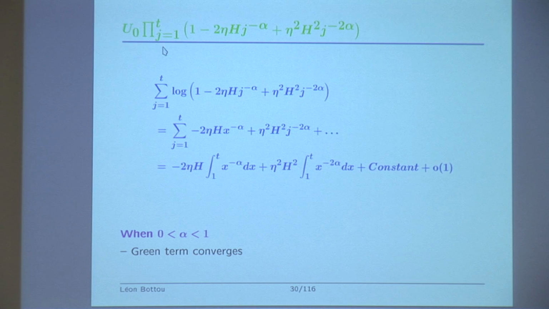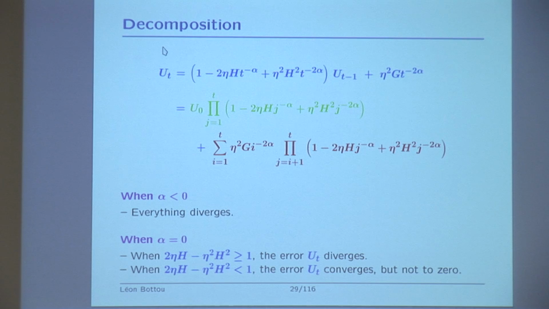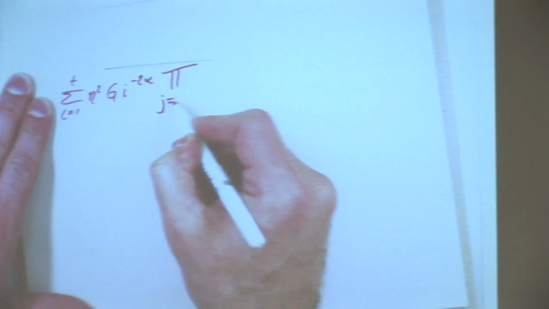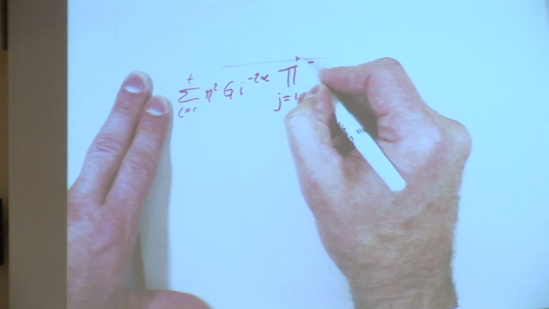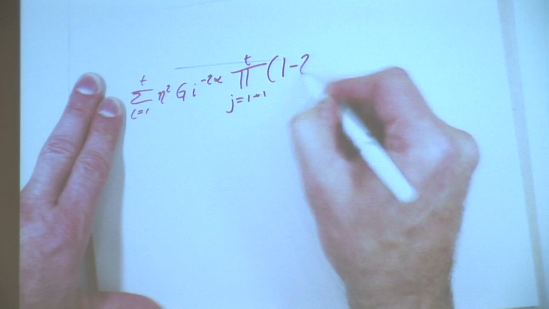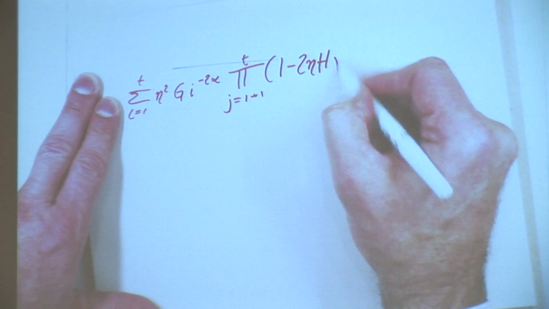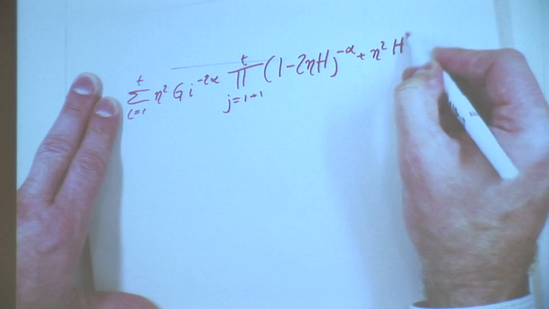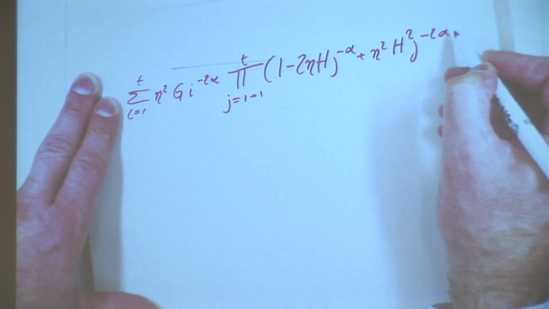Now we have to look at the red term. That's the one I couldn't write yet. So it is the sum of i equals 1 to t of eta square i to the minus 2 alpha, times the product over j equals i plus 1 to t of 1 minus 2 eta h j to the minus alpha plus eta square h square j to the minus 2 alpha.